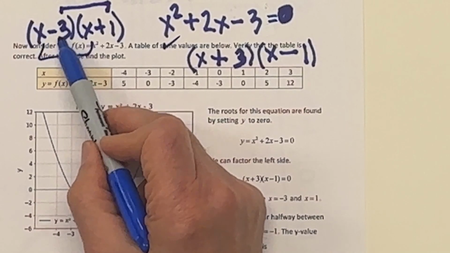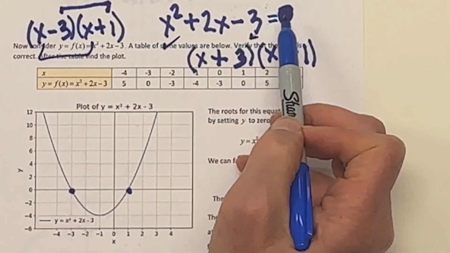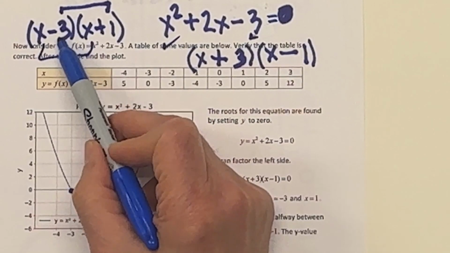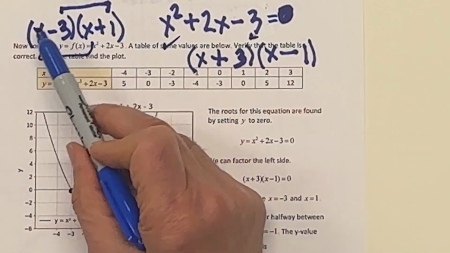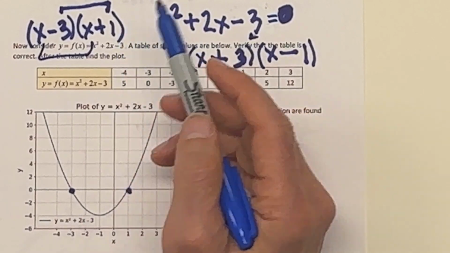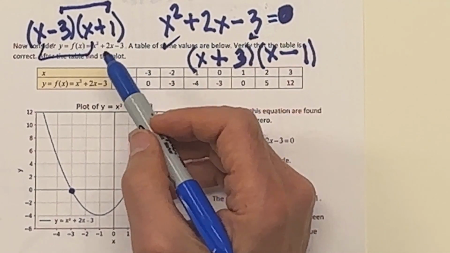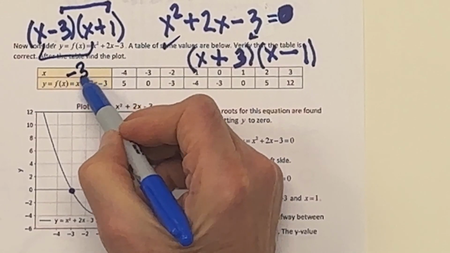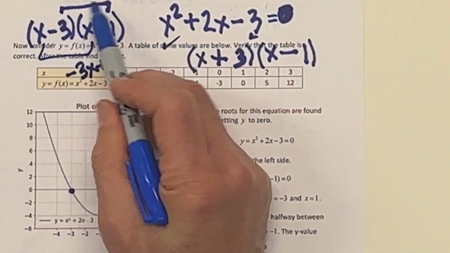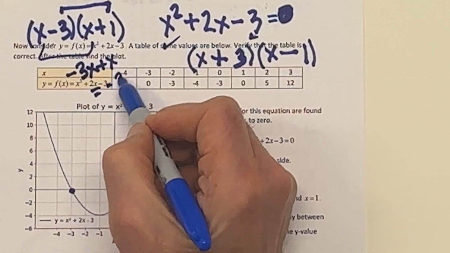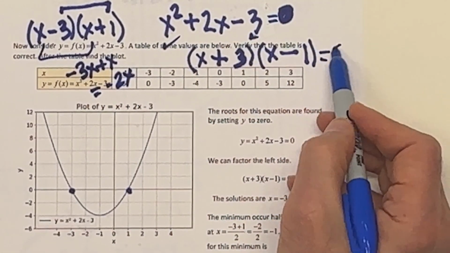And I have -3 times +1, that's -3. But now I have a problem, because -3x plus 1x is going to be -2x. I don't get that. That's a wrong answer there. So if I have -3x plus x, we call those the cross terms. That's going to be -2x. That doesn't agree. So this is the correct answer here.